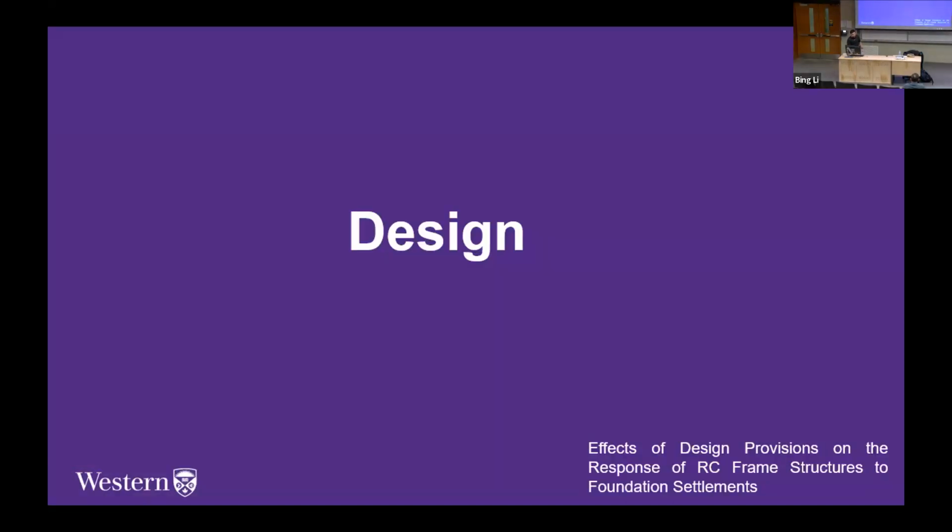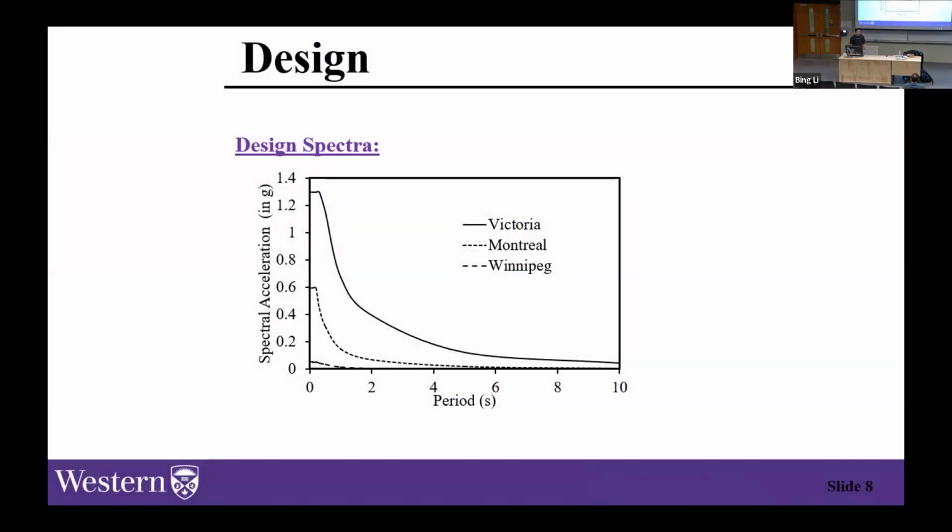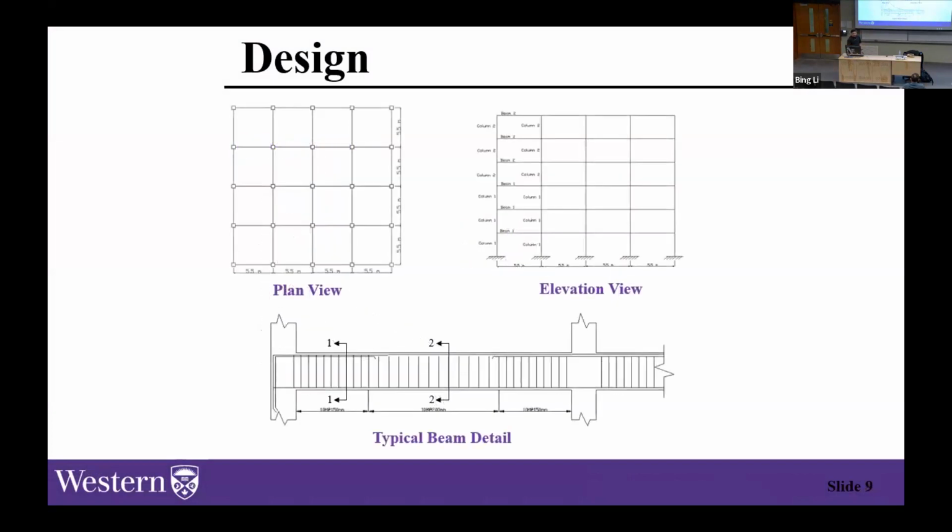So, as I said before, for our design criteria, we looked at 3 different seismic areas within Canada. So high seismic areas in Victoria, and the medium seismic area would be Montreal, and the lowest seismic area in Canada is Winnipeg. And so we designed basically for a 6-story building.